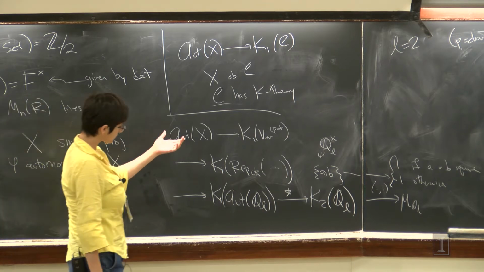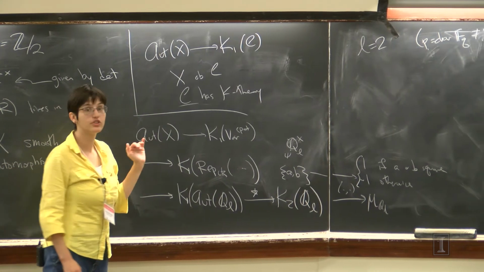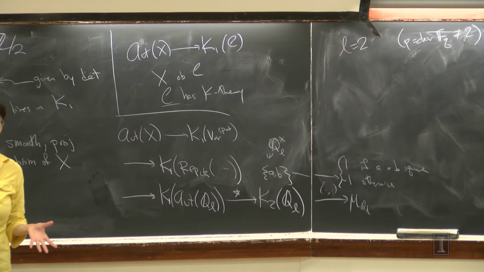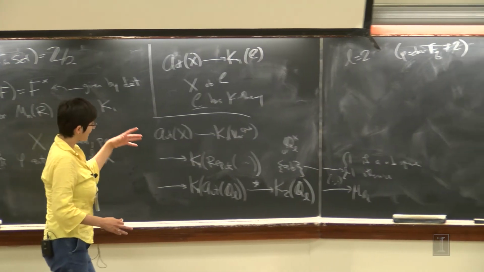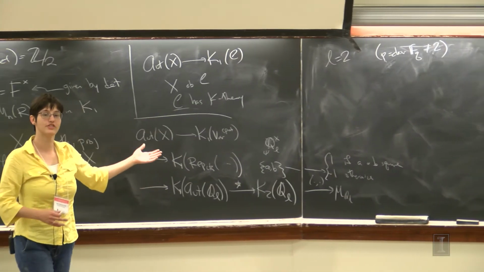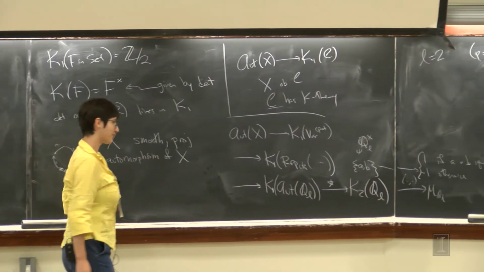Now, I'm not going to do this calculation because it's number theory and I don't know number theory. So I'm going to tell you what the automorphism is, and if you know number theory, you can do this calculation and you get the correct answer.